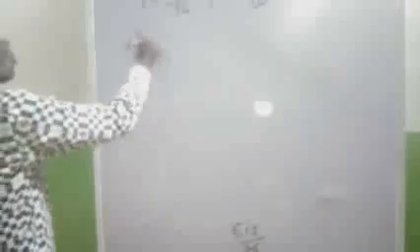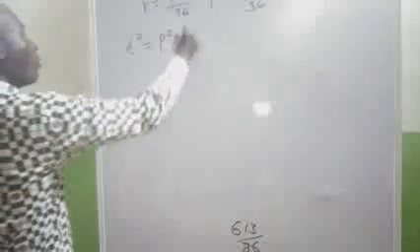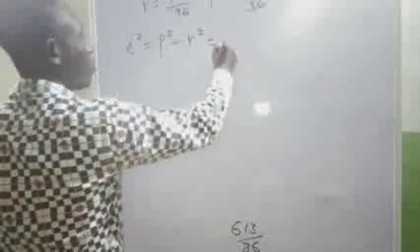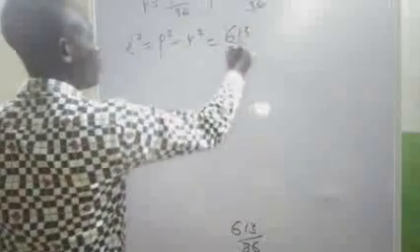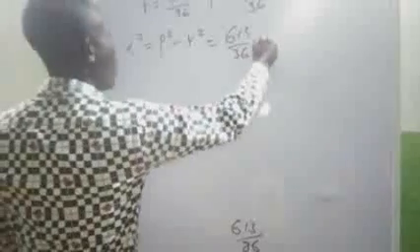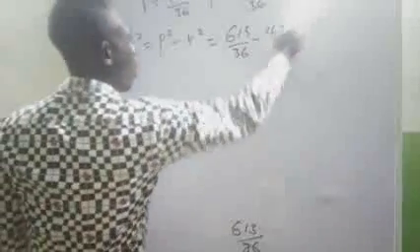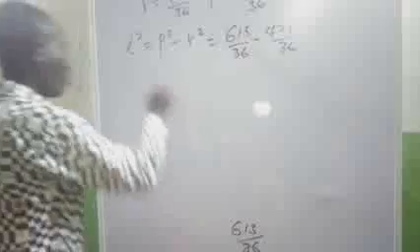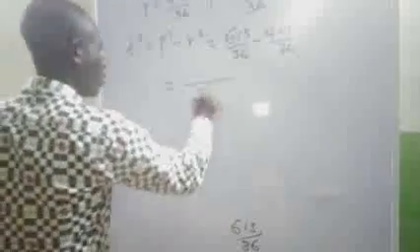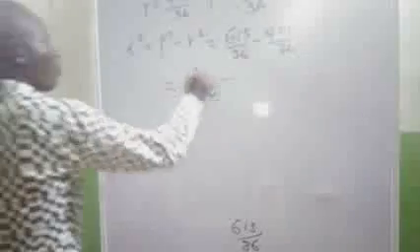So remember that your t squared is equal to p squared minus r squared, and that will be equal to 613 over 36 minus 421 over 36. This is the same thing as, if you subtract, here is 36, and we have 192.